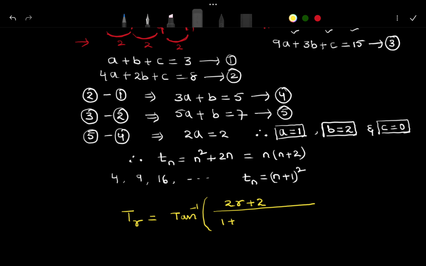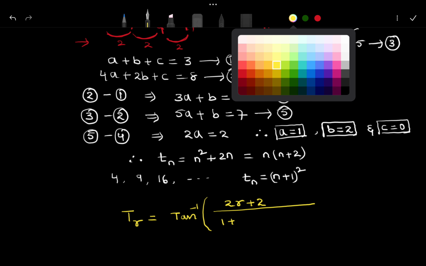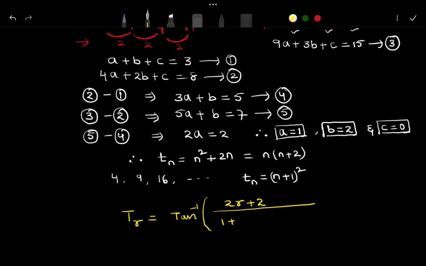So we can write r into r plus 2, into r plus 1 whole square.